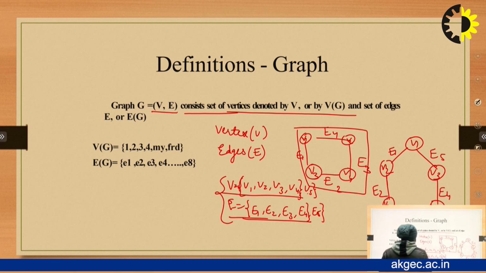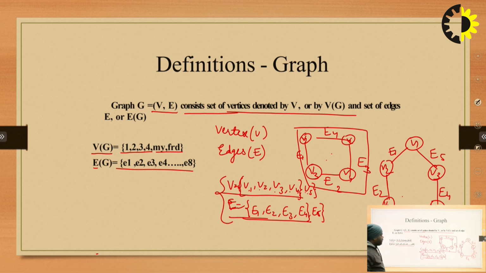At the first time, as I wrote there, v1 to v4 and e1 to e4, this is the graph of 4 vertices and 4 edges. This is the graph for 5 vertices and 5 edges. So this is the definition. Anything you can do, with vertices v1 to v5 and edges e1 to e5. This is the definition of a graph.